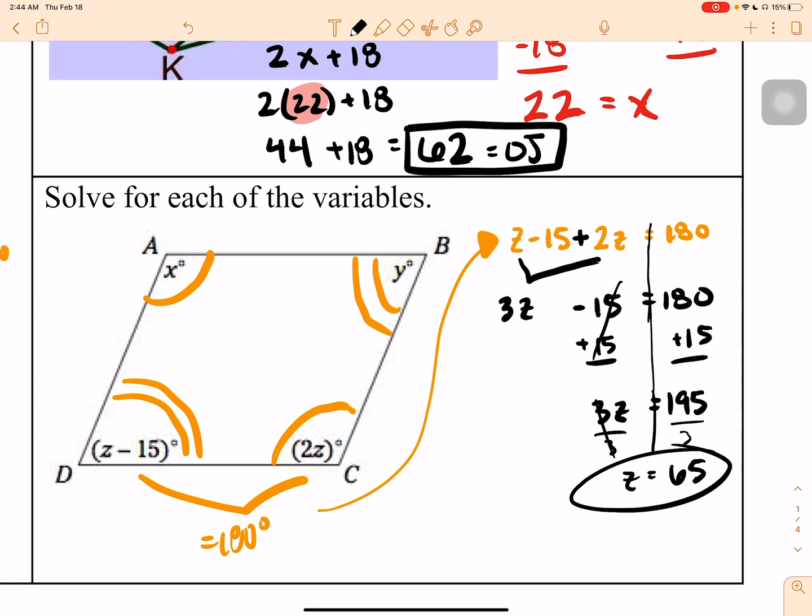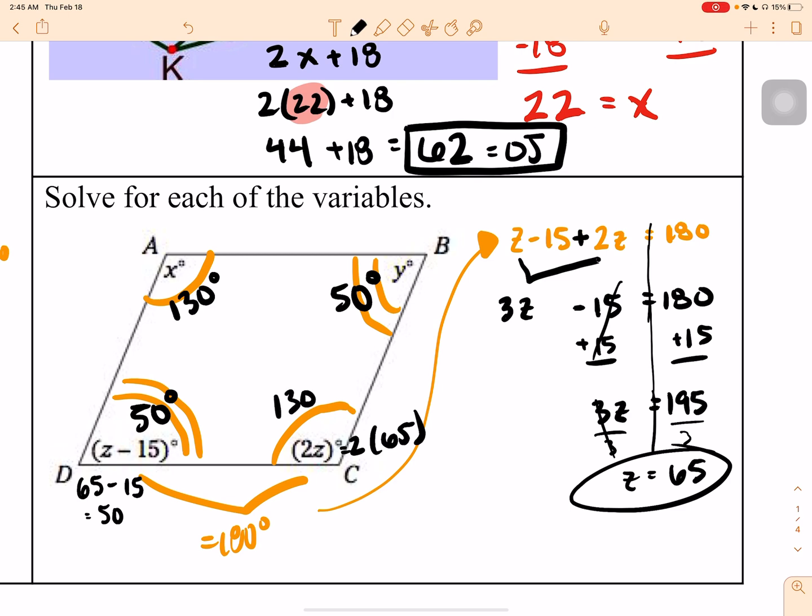This one is 65 minus 15, which is 50. So this angle here is 50 degrees, so is this angle here. And since they're supplementary, this one must be 130 degrees, or you could have done 2 times 65 here, because z is 65, and you get 130 degrees.